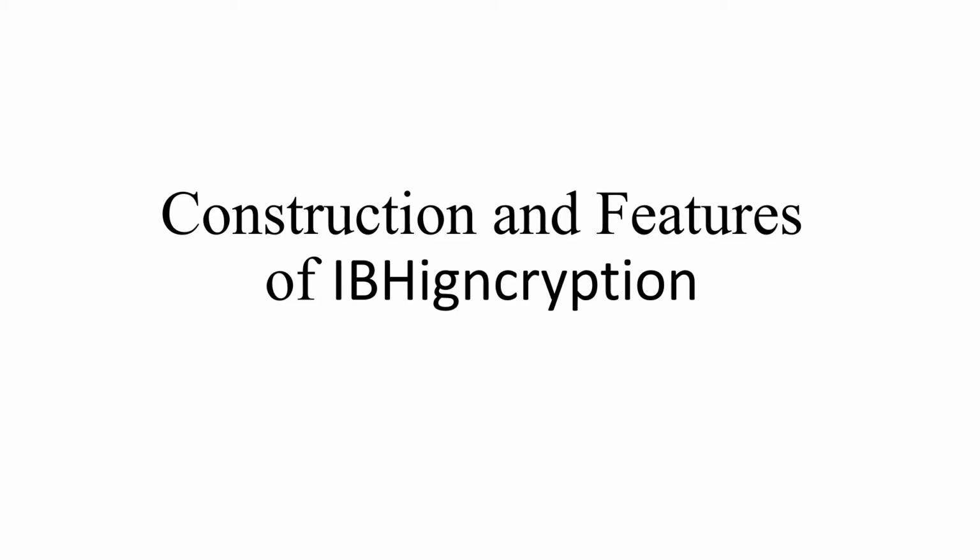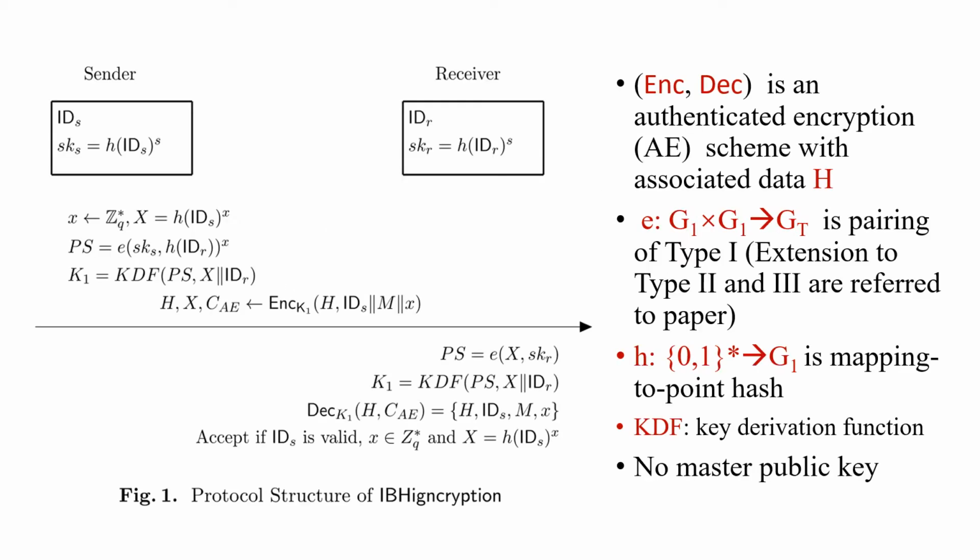Now, we give the construction of IB-HIGH encryption and discuss its features. Let ENC and DEC be an authenticated encryption with associated data H. e is a bilinear pairing of type 1.